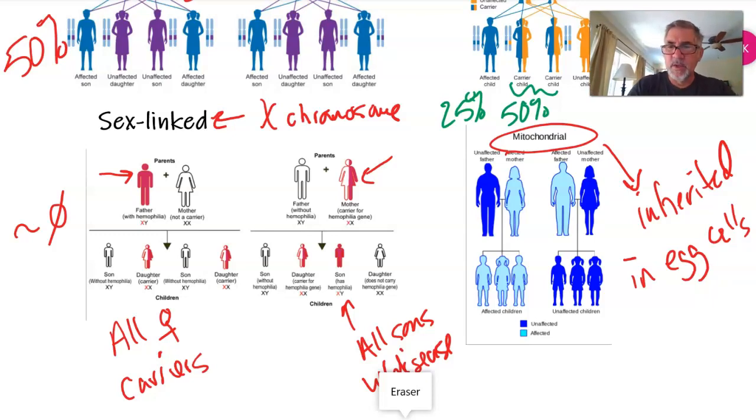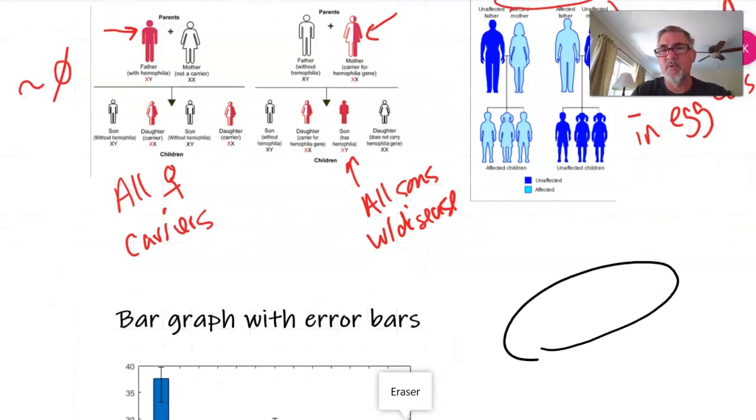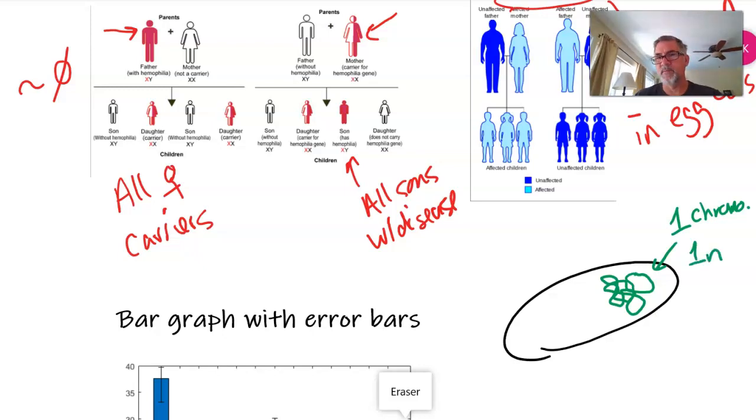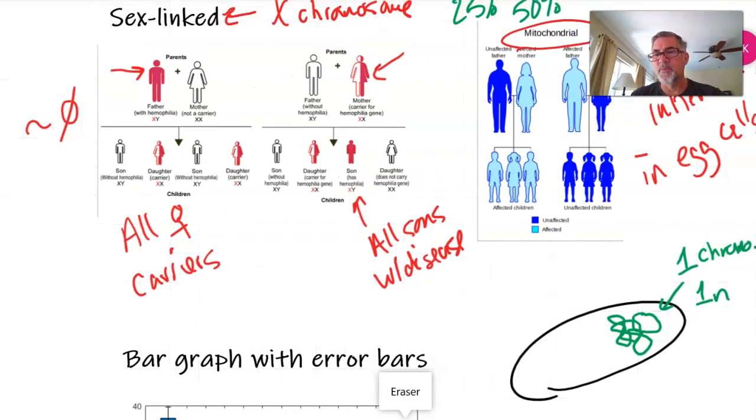So if we think about mitochondria, so if I have a mitochondrion, right, in the mitochondria, remember, these are our endosymbionts. It has one chromosome. So it is 1N. So there's no recombination, right?